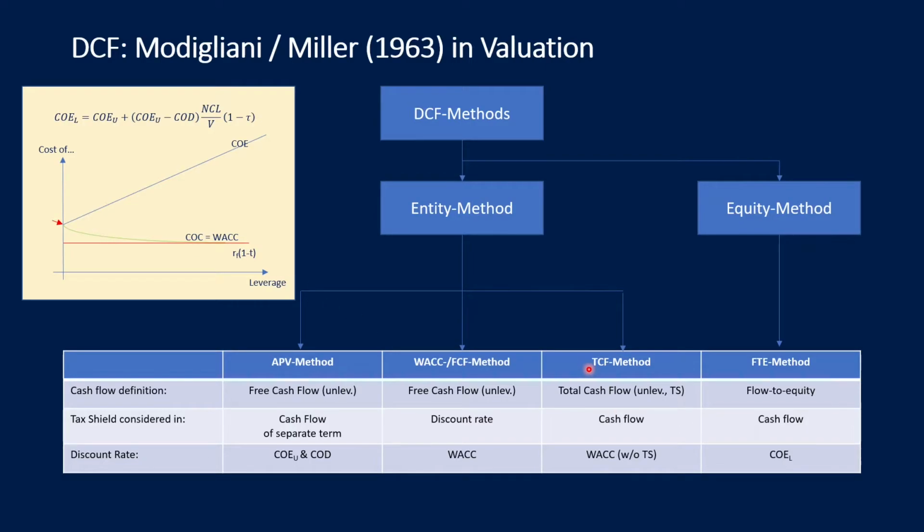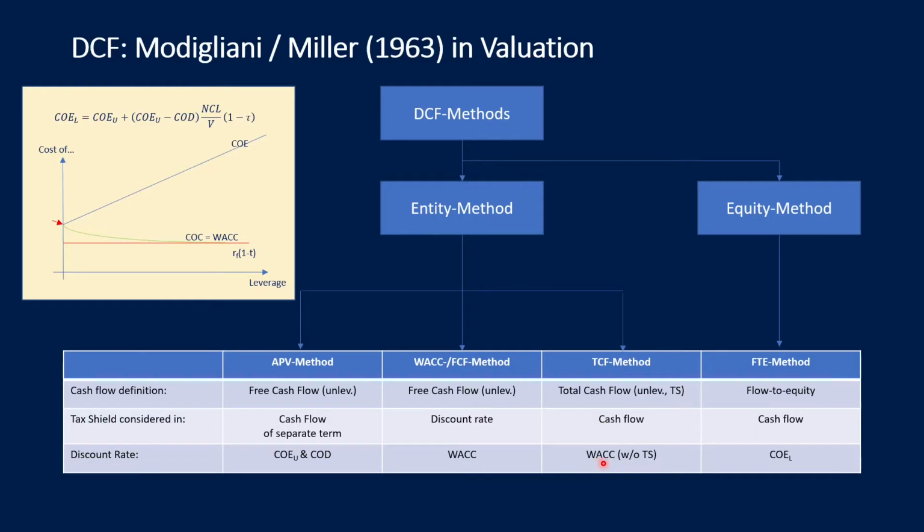The total cash flow method, which is quite an elegant method, but it is not applied a lot in practice, is based on total cash flows. Total cash flows are more or less close to free cash flows, but they are adjusted for the tax shield. So the tax shield is here considered in the cash flow. And the discount rate differs a little. It's also a WACC, but without 1 minus t. So no tax shield reflected in the WACC.